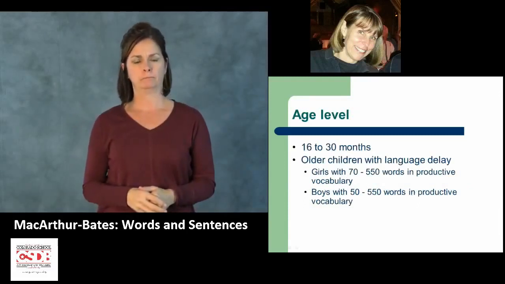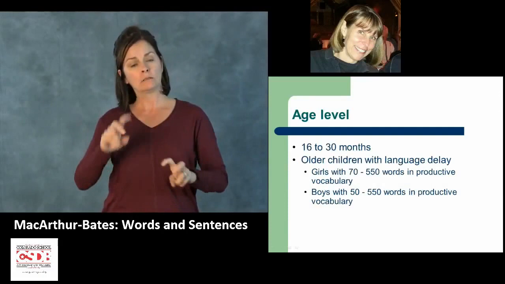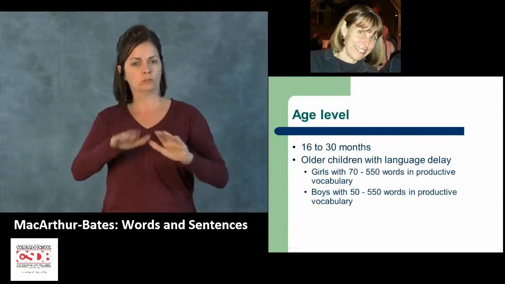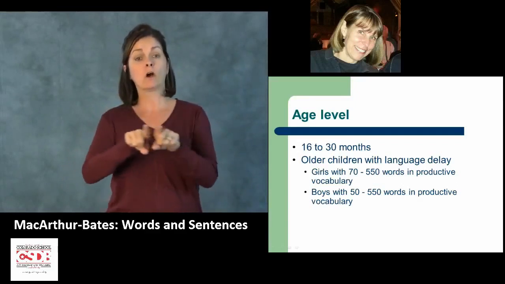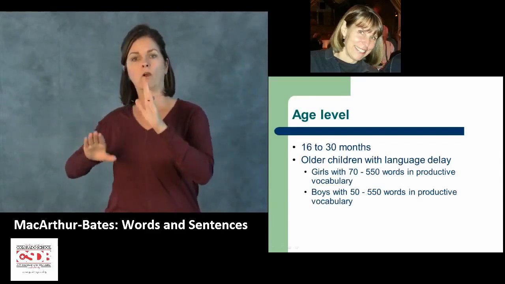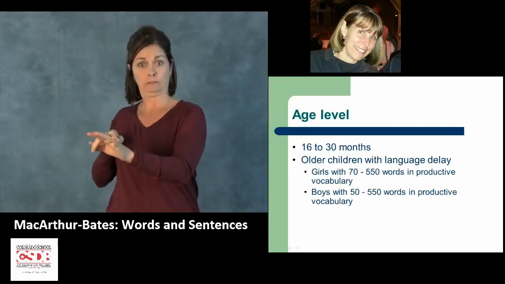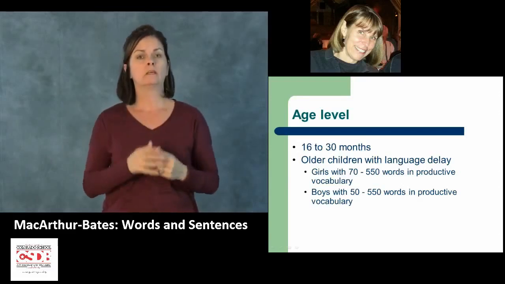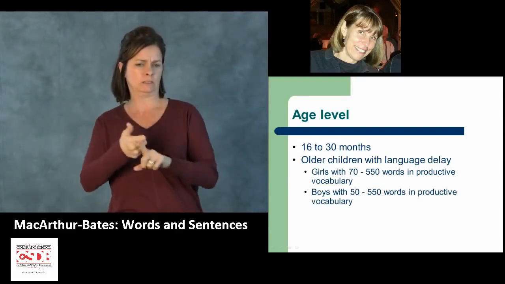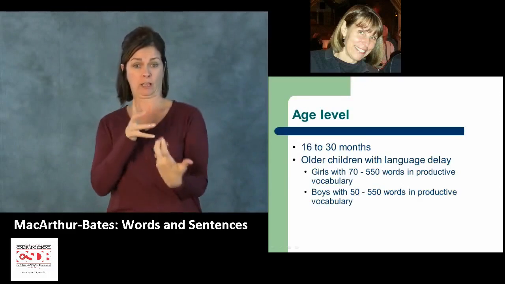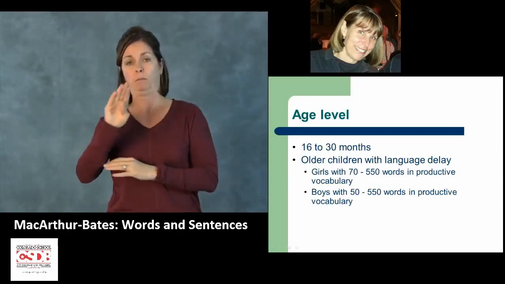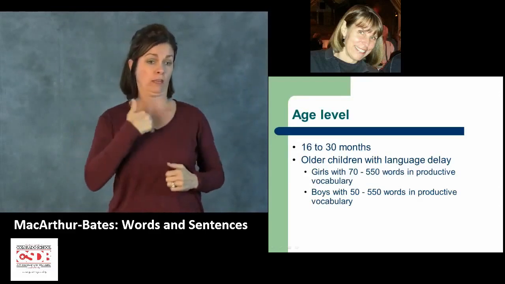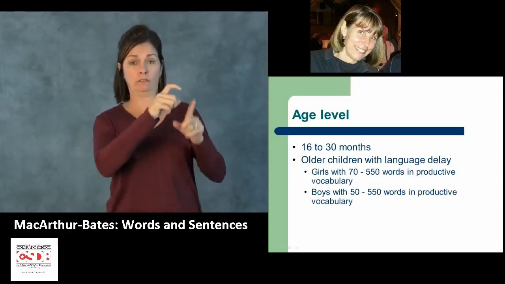This assessment is designed for children between 16 and 30 months of age. It can also be used with children who are older who are exhibiting language delays. In trying to determine if the assessment is appropriate for a given child, you would want to use the Words and Sentences version of the MacArthur if you're working with a girl who has between 70 and 550 words in their productive vocabulary.